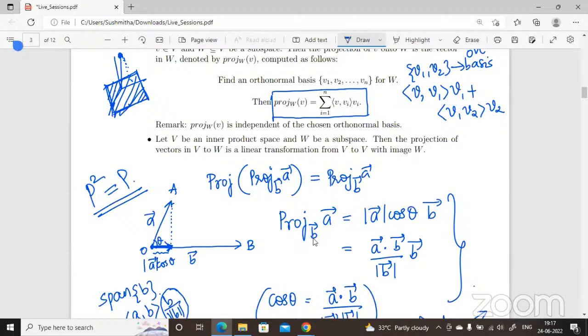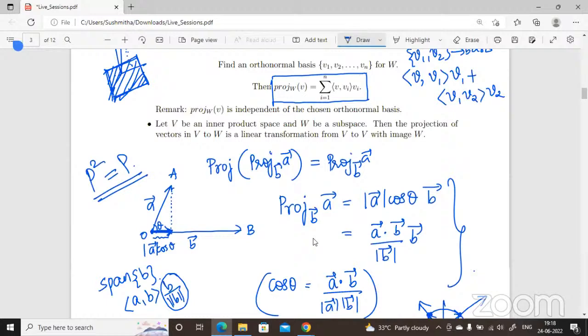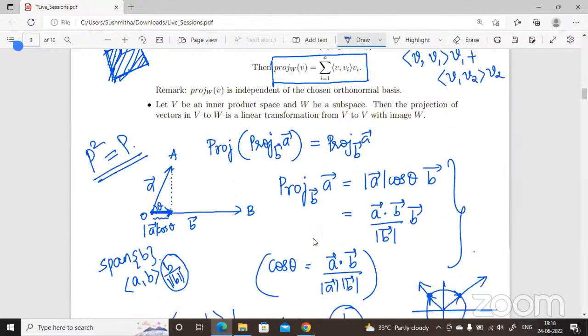Again, ma'am, what are you saying? This is just a formula of how the projection works in a subspace where the dimension of the subspace is more than one. When it is one dimensional, we see the projection of one vector on the other vector. You know how to get the formula, right? This is clear, right?